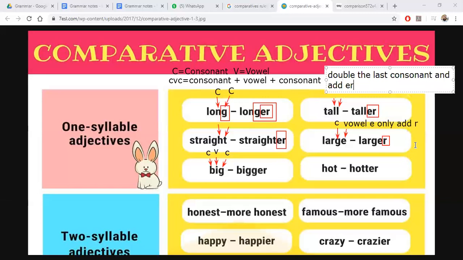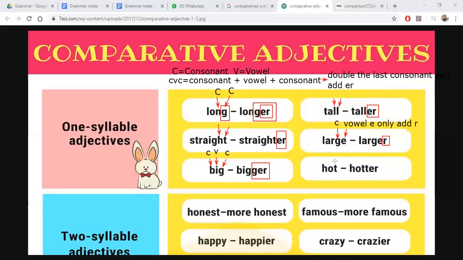When we have the CVC structure, we double the last consonant and add er. For example, big, bigger. Everything we add to form the comparative is ger, as in bigger.